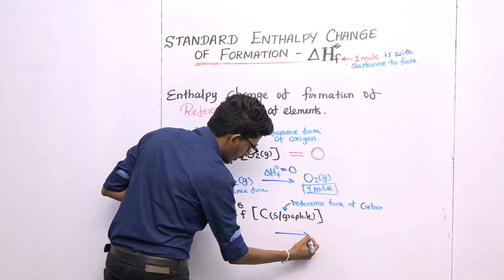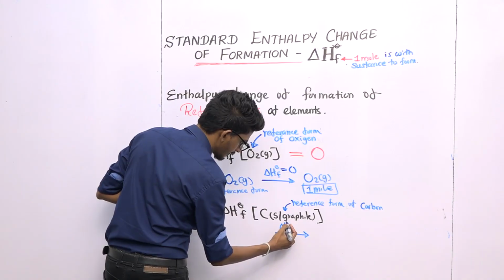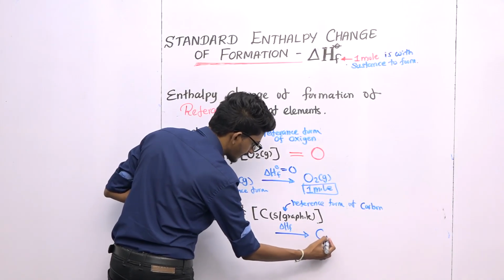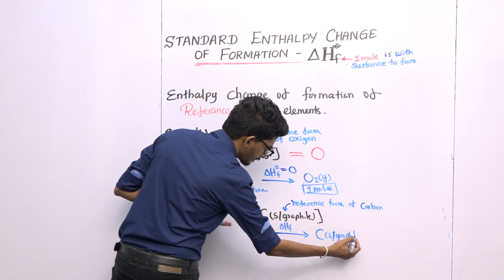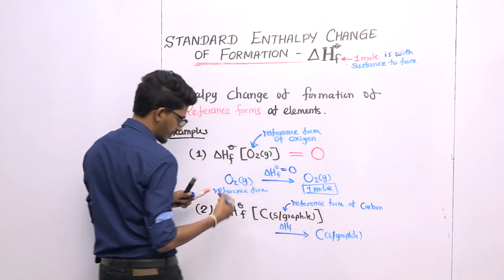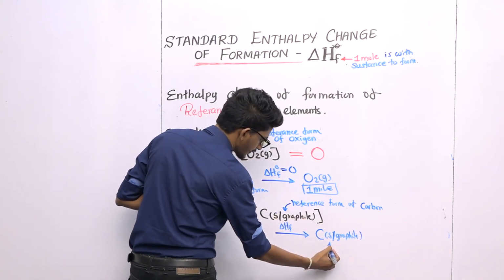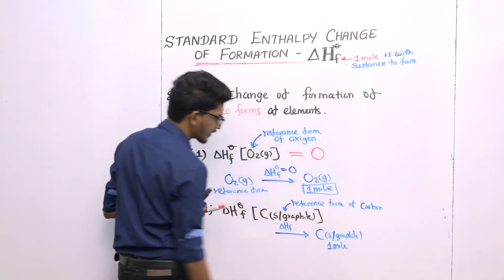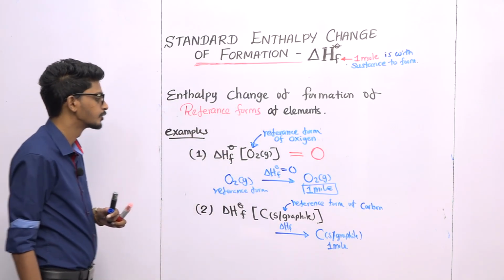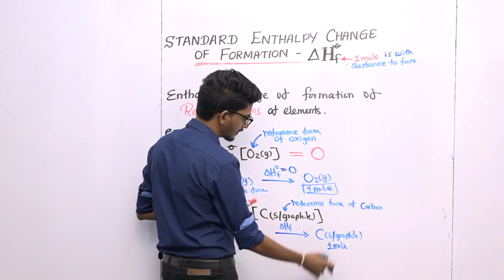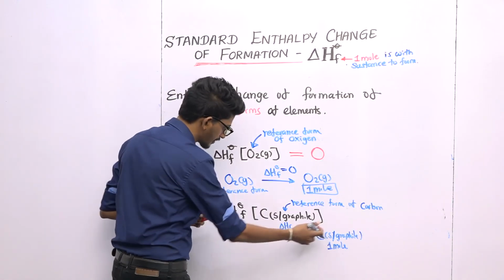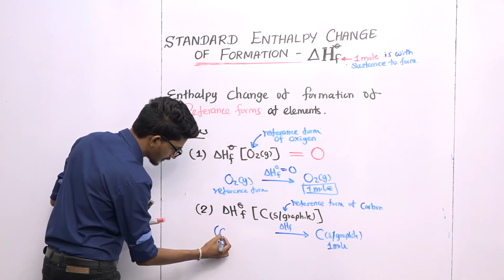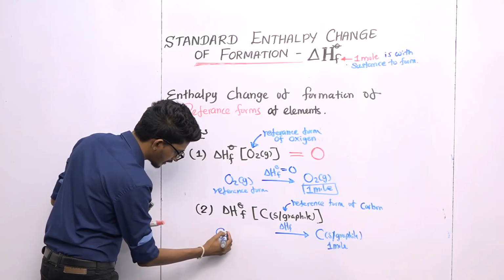You have to produce the carbon solid graphite. This is where the one mole stands. Starting from the constituent elements of this, that is carbon, at its reference state. The carbon's reference state is carbon solid graphite.